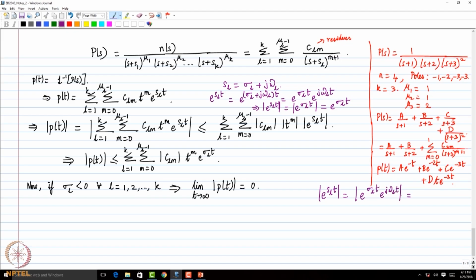So this is going to be the magnitude of a times b, which is the magnitude of a times the magnitude of b. And what is e power j omega L t? If I use Euler's relationship, it's going to be cos omega L t plus j sine omega L t, right?